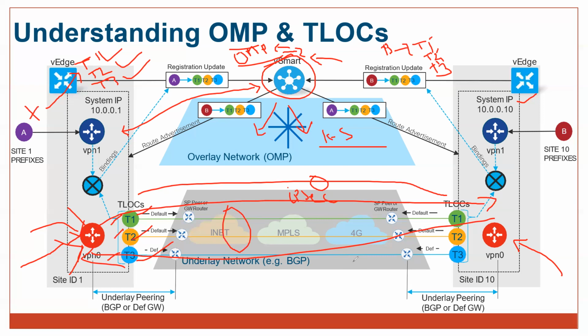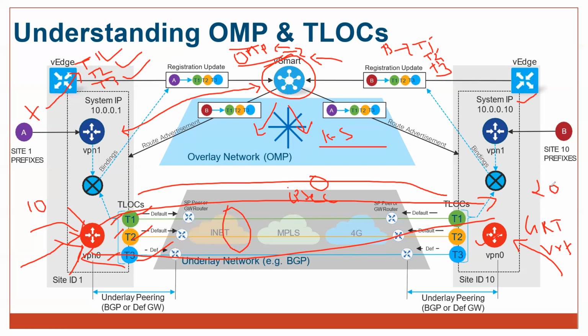Yes, yes. This is your global routing table. VPN 0, you think of as a global routing table. Okay. And then you have your VRFs, VRF 10, 20, 30, 40, etc. Now again, suppose here you have 10 and on the other side you have 20.